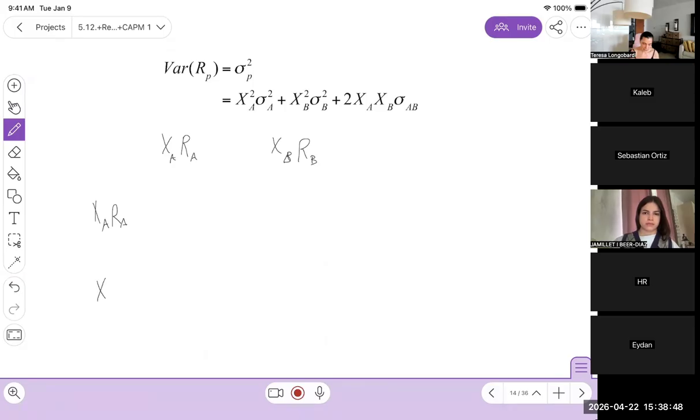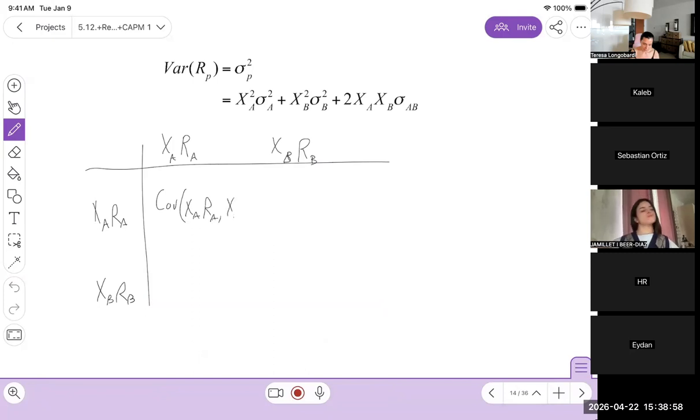We take them in pairs. And we think of each pair and their covariance.